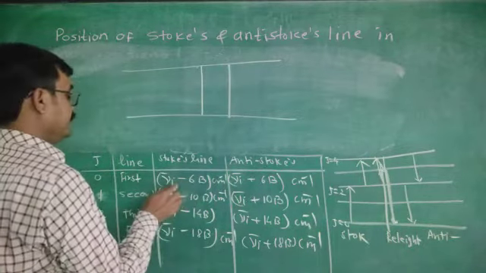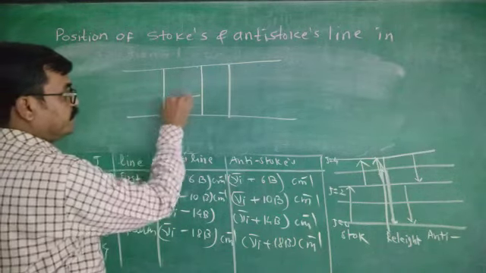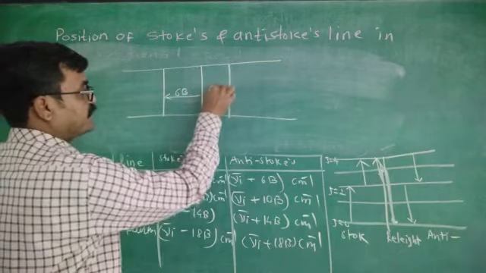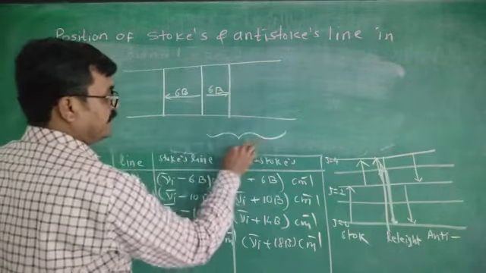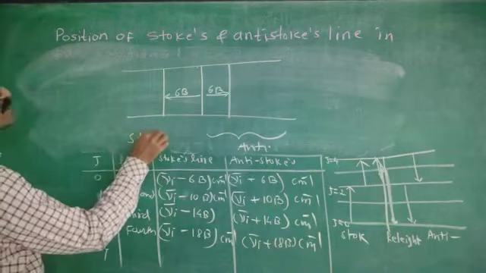For Stokes lines it will be minus 6b, means this will be minus 6b, but here it will be 6b. It is for anti-Stokes lines and it is for Stokes lines.